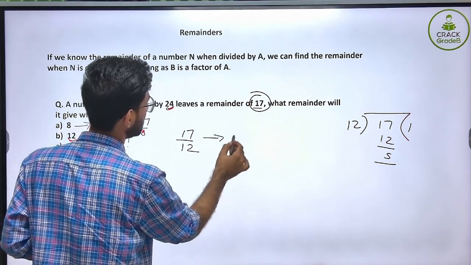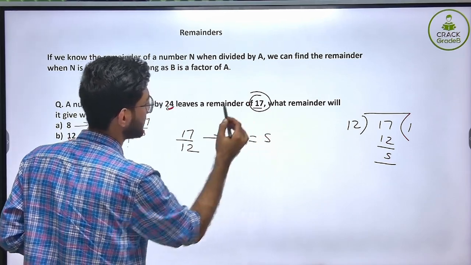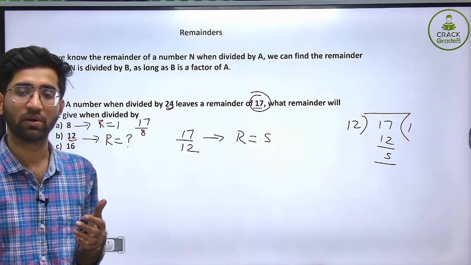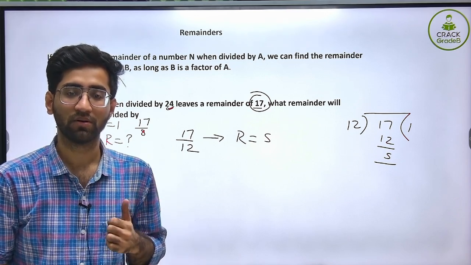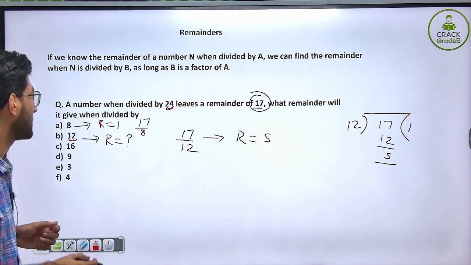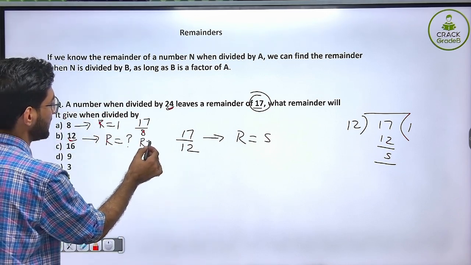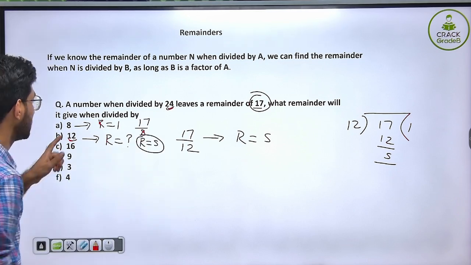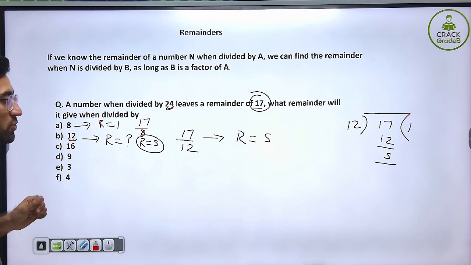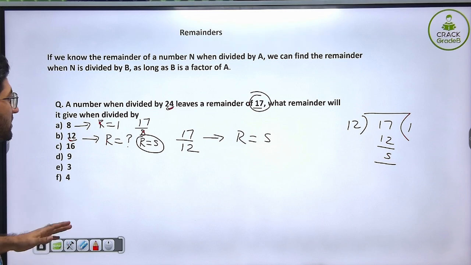So if you divide 17 by 12, you will get remainder equal to 5, right? So the answer will be that the remainder is 5 if you divide that number by 12.